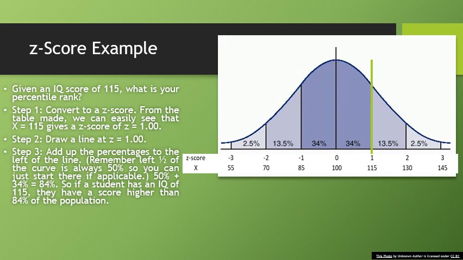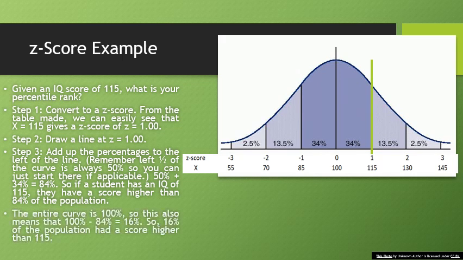So if the student had an IQ of 115, they have a score higher than 84% of the population. And what I also want you to know is that the entire curve is 100%. So if we subtract that 84% where the student is at from 100%, that gives you 16%. That means that 16% of the population had a higher score than 115.